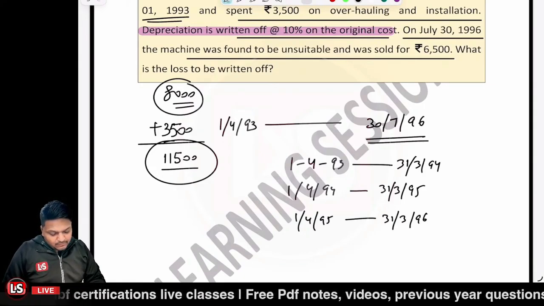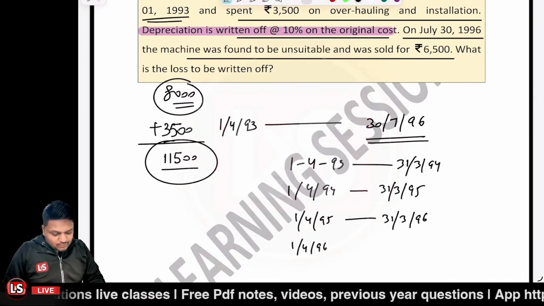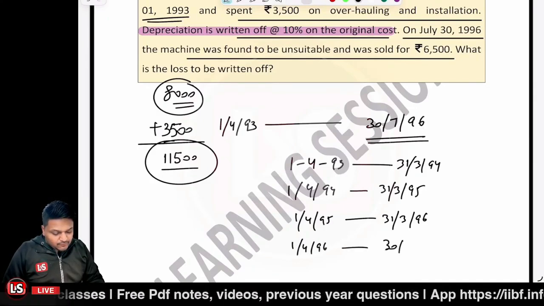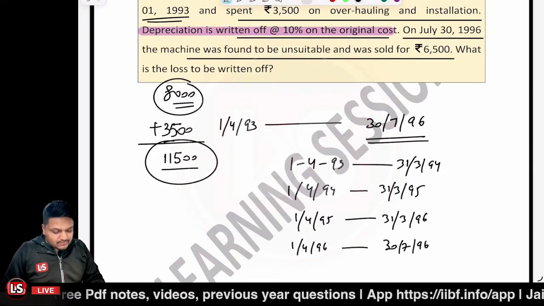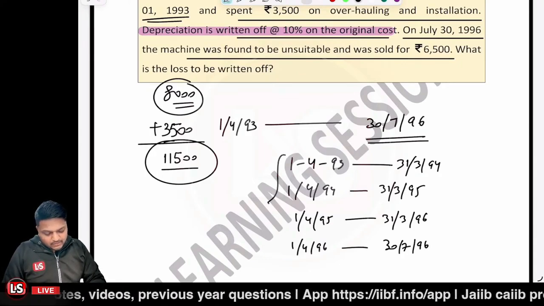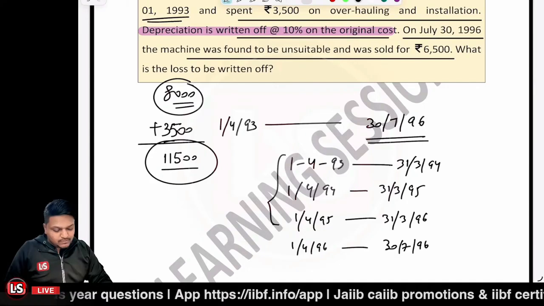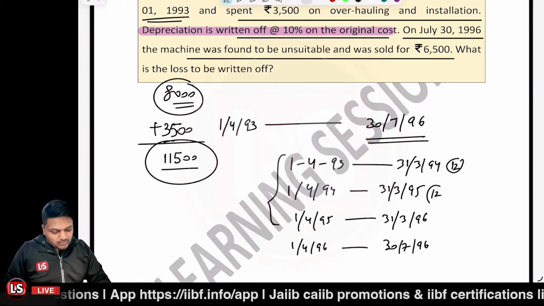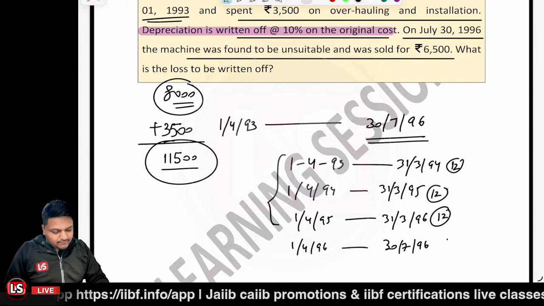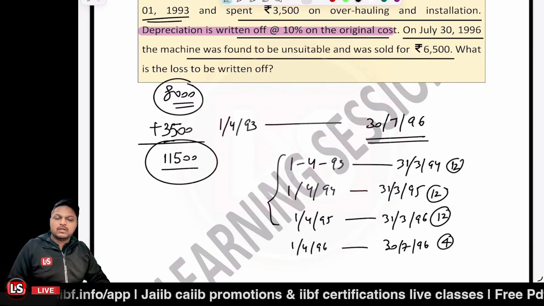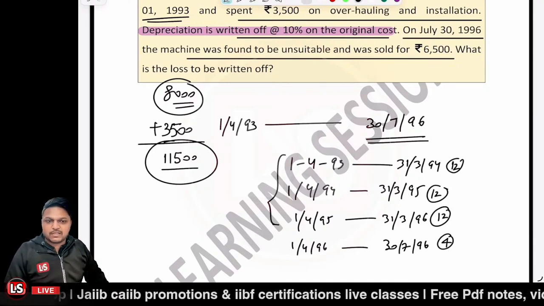Then further from 1st of April 96 to 30th of July 96, right? So these are the 3 complete years: 12 months, 12 months, 12 months, and 4 months here. April, May, June, July, 4 months are there, right?